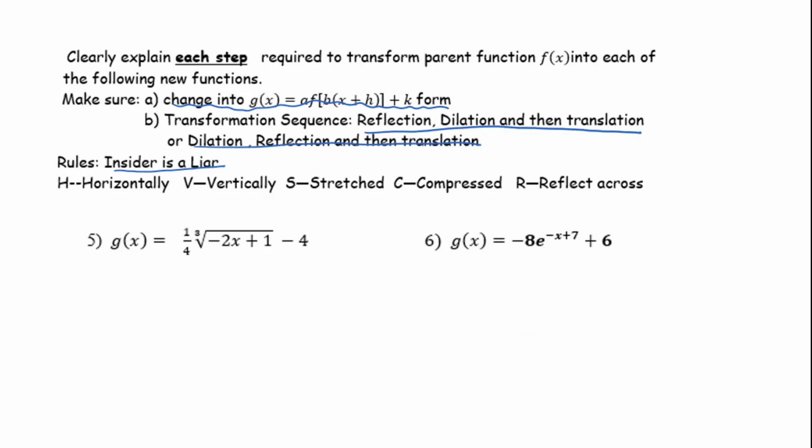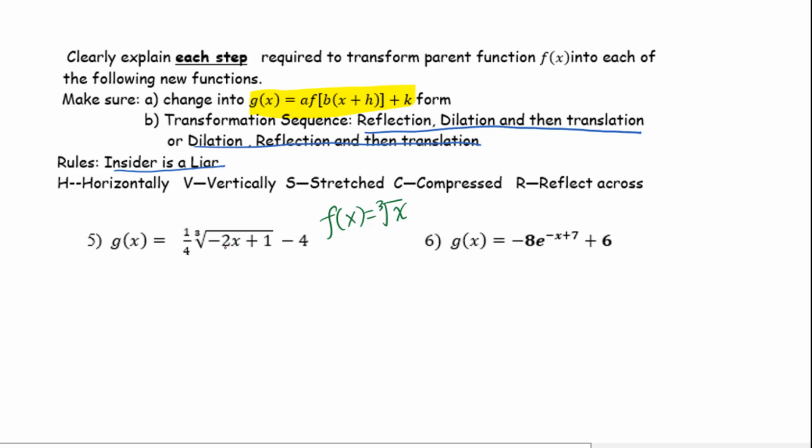Let's go to number 5. g of x equals 1 over 4 cubic root of -2x plus 1, minus 4. First of all, we know the parent function f of x equals cubic root of x. Then second step, check this g of x function. You have to change into this form.